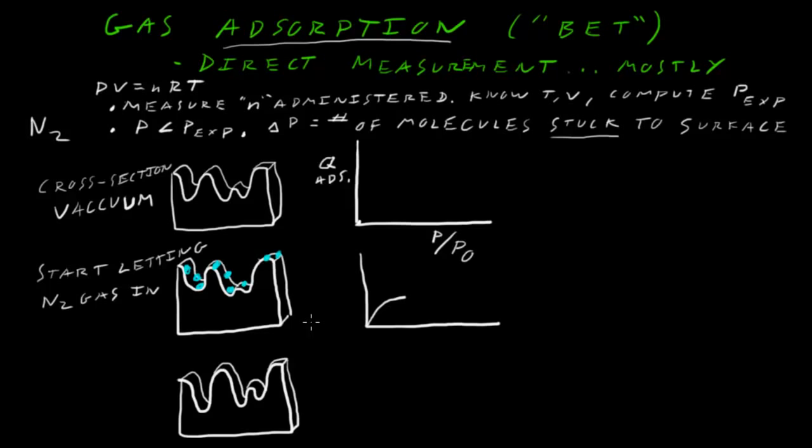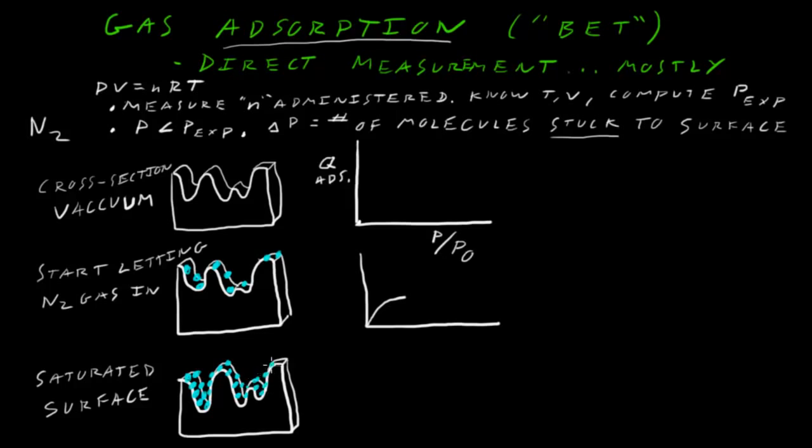Because when it's a saturated surface, so now we've saturated everything with a monolayer of this nitrogen, no more can fit inside. I'll show you why we want to know that, but basically we want to know at what point the surface is completely saturated.